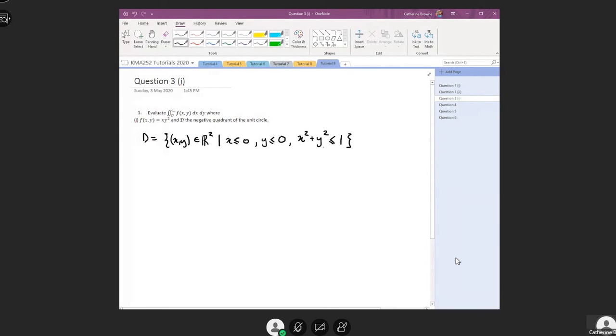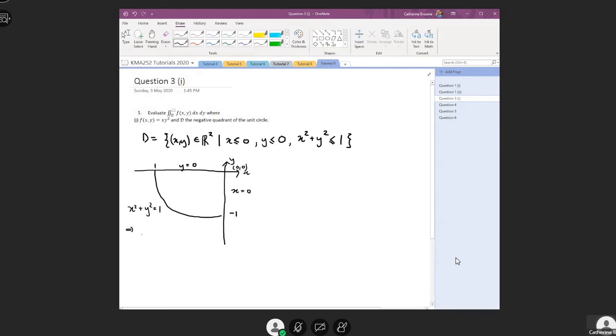So if I draw that, this is y equal to 0, this is x equal to 0, and this line here is x squared plus y squared equal to 1.